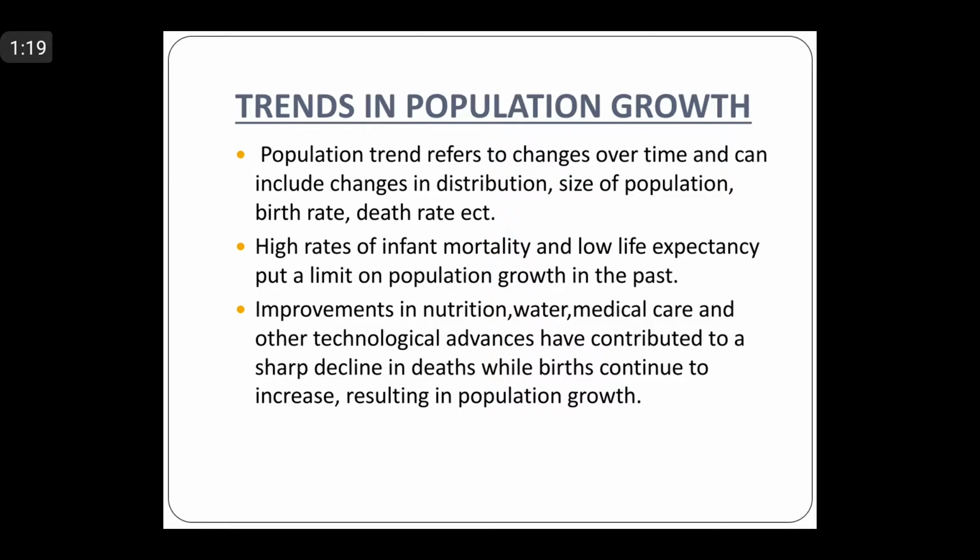For example, in the early periods population of the world grew very slowly. It is only during the last few hundred years that population has increased at an alarming rate.